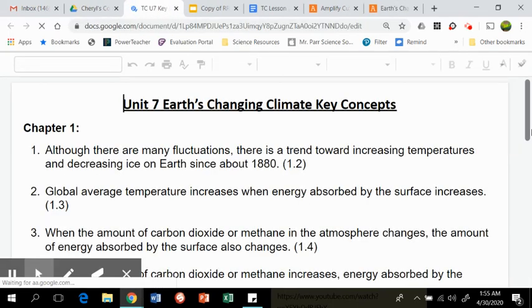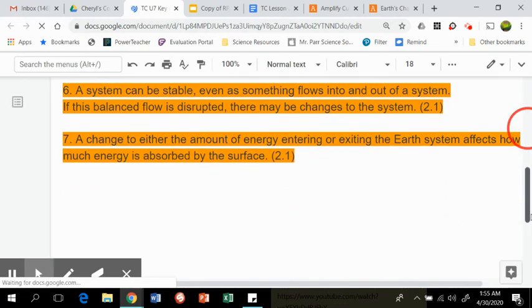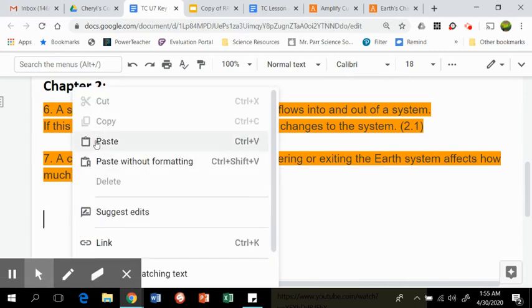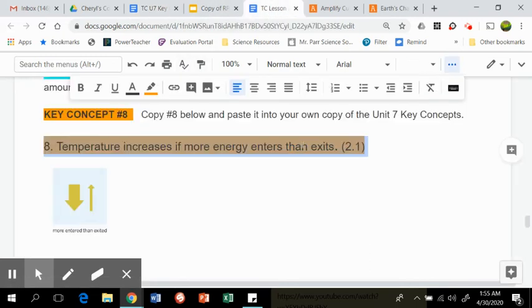You go into your key concepts page, your document that you are pasting these in, and you paste key concept number 8 right below number 6 and 7 that you did yesterday. So key concept number 8 is that temperature increases if more energy enters a system than exits a system.